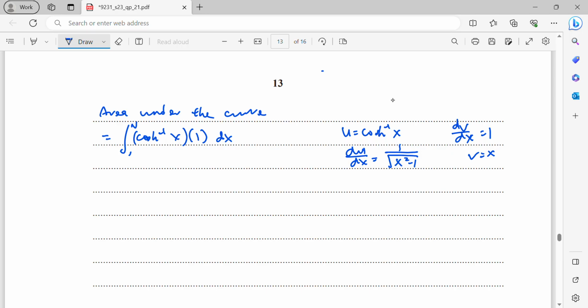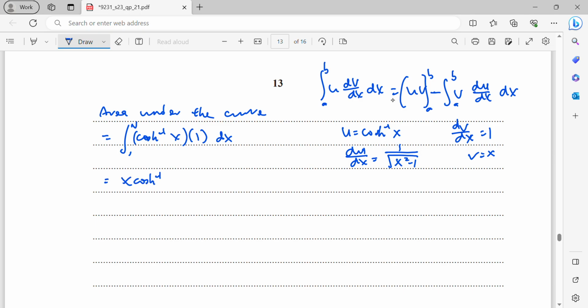So now we are using the by parts formula. With limits, just add on the limits here. I will get x inverse cosh x with limits minus the integral from 1 to n of x over square root of x squared minus 1 dx. When you replace x by n, the first one will be n inverse cosh n minus, when x is 1, inverse cosh 1.